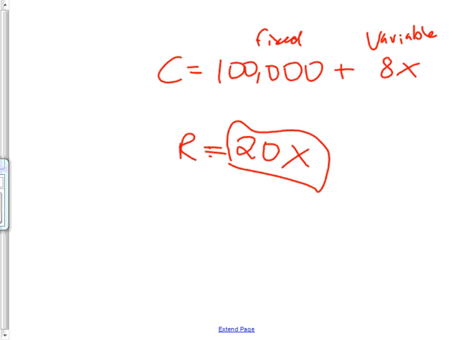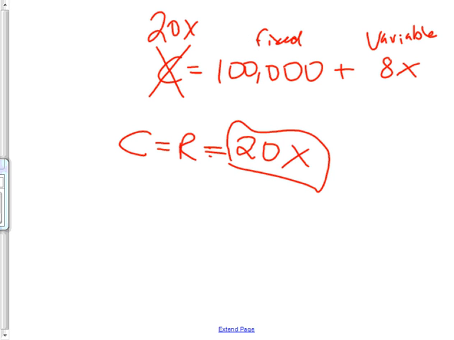Well, R equals C equals that. That means that I could put a 20x right there. Do you get what I'm saying? And then I can solve that equation. And once I solve that equation for x, I get x equals blah, blah, blah. Then I'm done. I figured out what my number of widgets is that I need to sell.